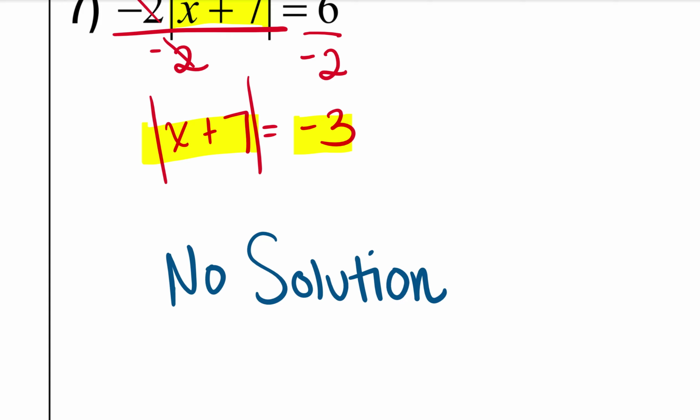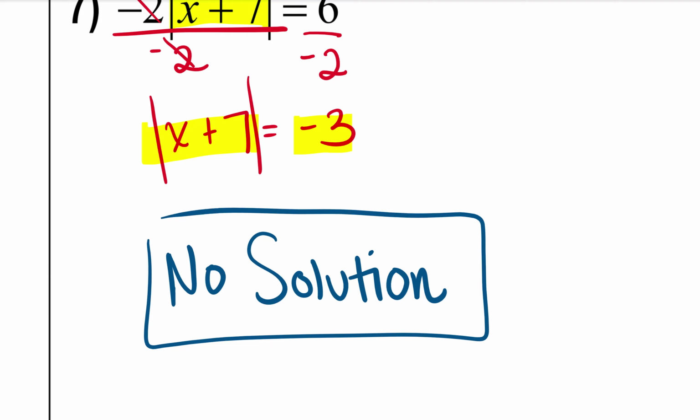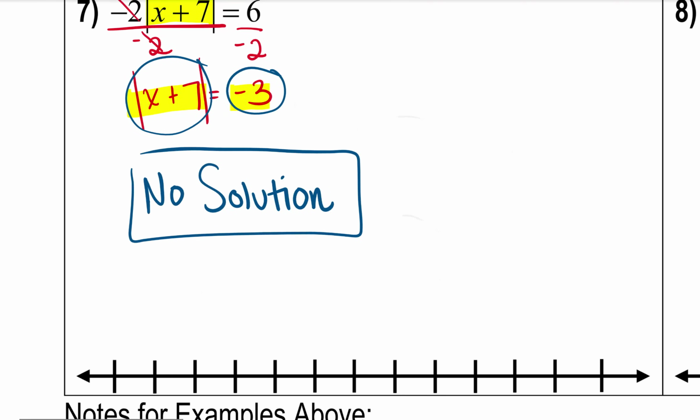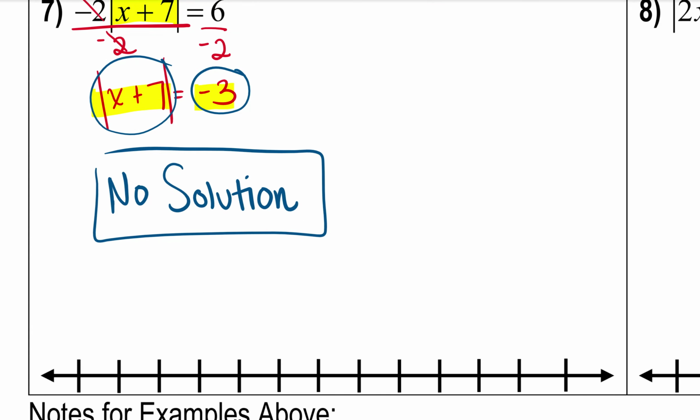Because there's no number that we could ever put into an absolute value that'll make it negative, because it's not possible. So if you ever get to a point where my absolute value is all by itself and I have equals a negative number, you can stop, put no solution, move on. And because there's no solution, there's nothing to graph on the line. That makes it easier.